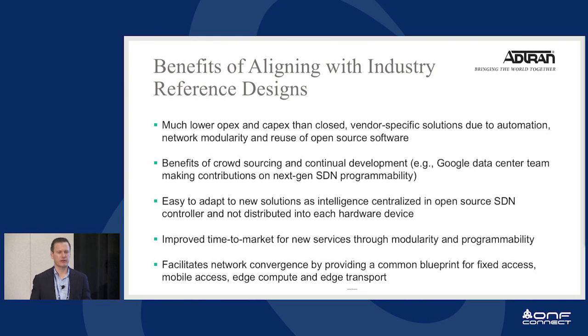If you're going to pull fiber deep into the network for 5G and other use cases, then you're going to have to find a way to reuse that network. And you're not going to also want to duplicate electronics on top of it. So you need to find a way to not only have a common fiber network, but a common electronics aggregating those technologies. Having a common blueprint that addresses all of that is big, and that's where we see ONF playing a big role.